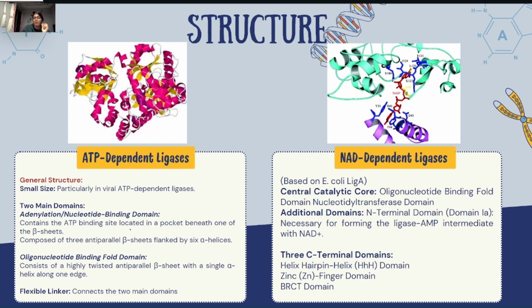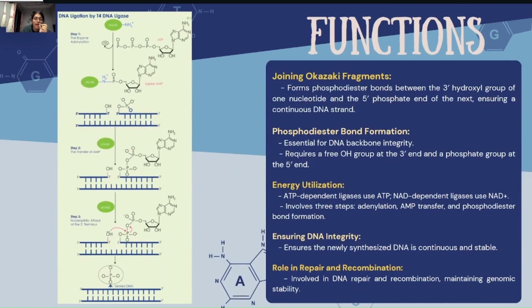Then, talking about the functions that DNA ligases perform, first is joining of the Okazaki fragments. DNA ligases form phosphodiester bonds between the 3' hydroxyl group of one nucleotide and the 5' phosphate end of the next. It ensures a continuous DNA strand, and it can be thought of as the gluing of two nucleotides with each other.